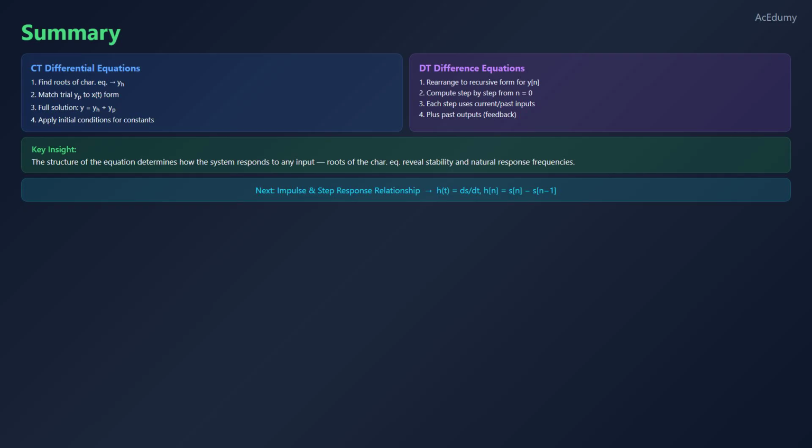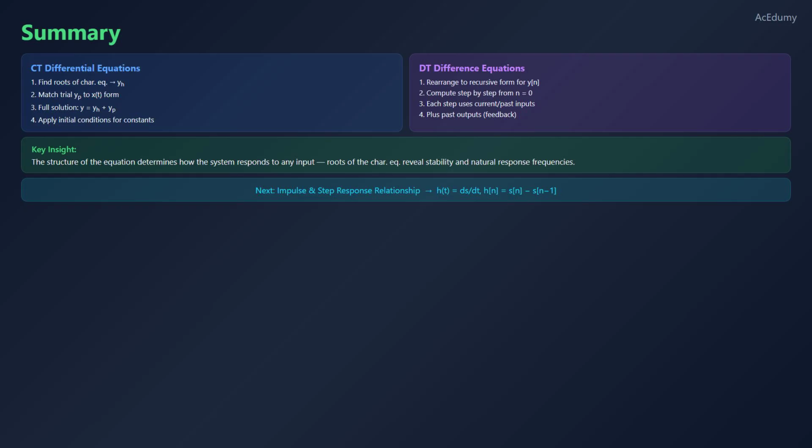Today we saw that continuous time LTI systems are modeled by differential equations and solved in two stages: the homogeneous solution from the characteristic equation and the particular solution matched to the input form. The full solution is y equals yh plus yp, with constants set by initial conditions.